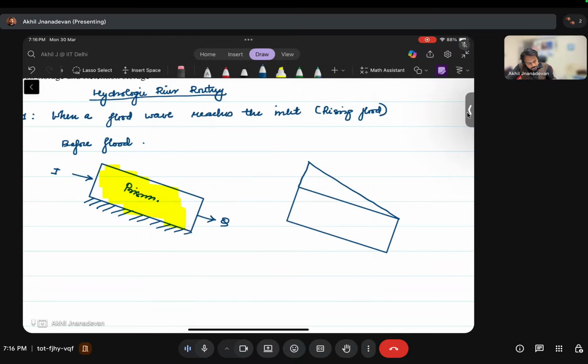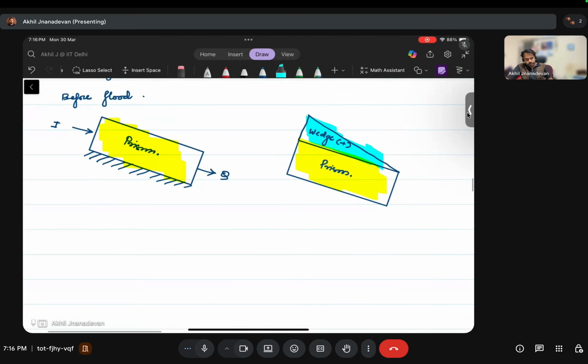So this is nothing but our prism storage that we already marked in the case before flood, and this storage we'll be calling a wedge storage, and this rising limb we call a positive wedge.